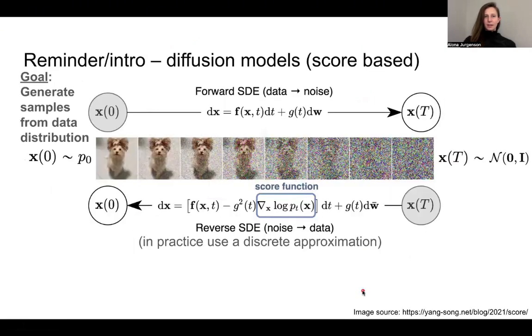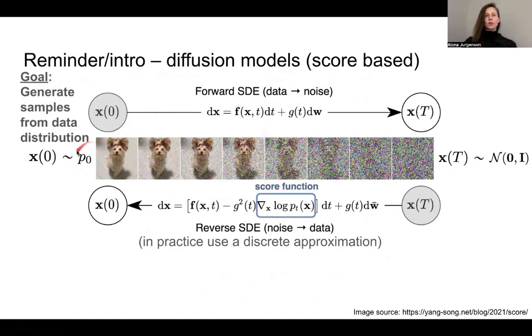Tay. So let me start with a reminder or introduction to diffusion models, the score-based approach. As with all generative models, our goal is to generate samples from some data distribution. And one way of doing that in this context is to use stochastic differential equations.